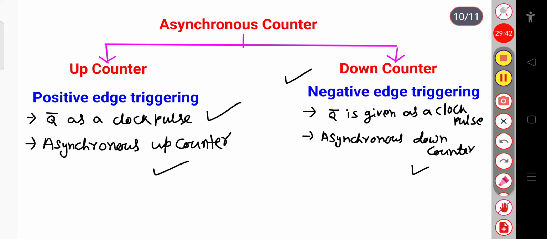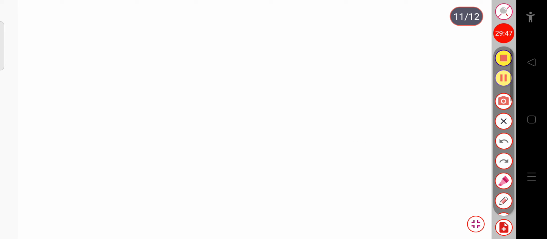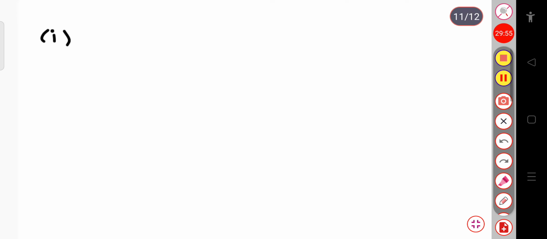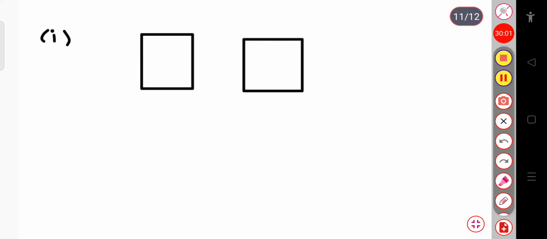Okay. Now I will ask you some question. Just try to answer. This is suppose one flip flop, and this one is another flip-flop. Here this is my input one, and I am giving the clock pulse.